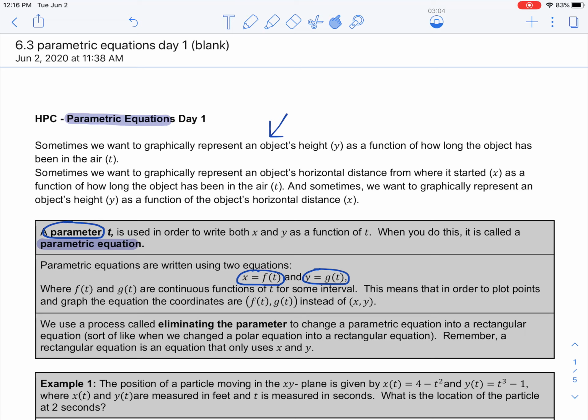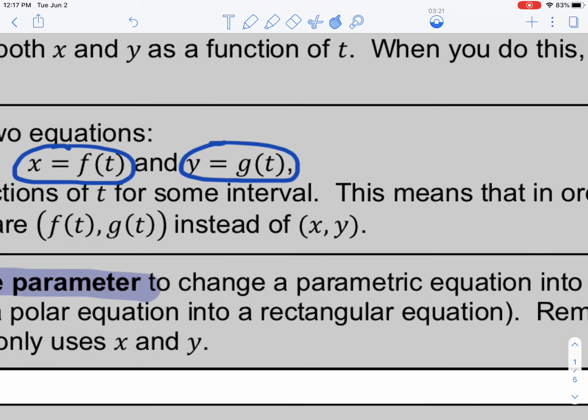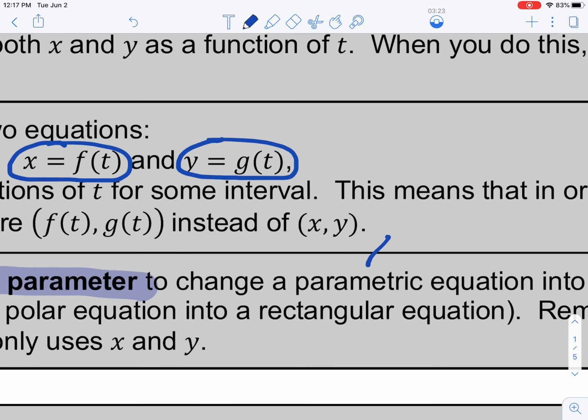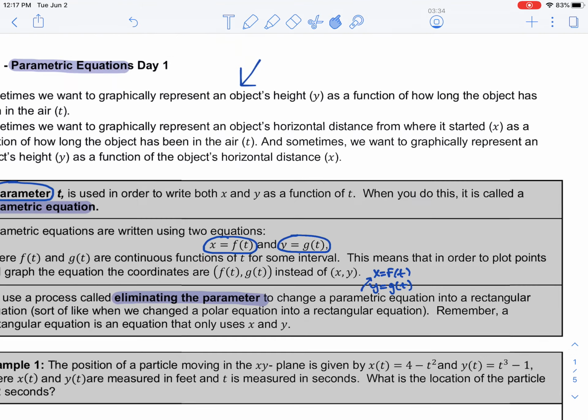Okay? This next bit of new terminology is the idea of eliminating a parameter. We use this process to change a parametric equation into a rectangular equation. Remember, a parametric equation is when we have x equaling f of t or y equaling g of t, and we want to take this back to the rectangular equation.